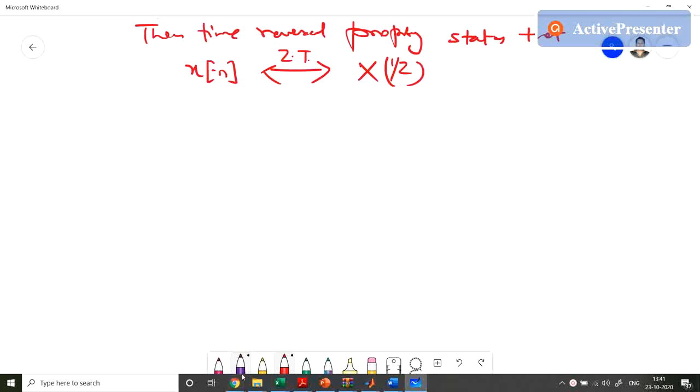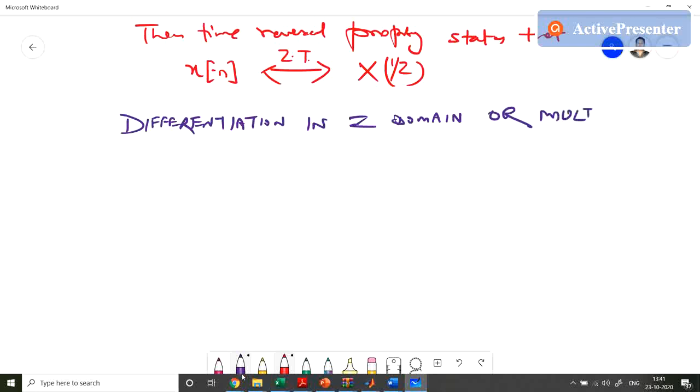The next property is differentiation in z domain, or multiplication by n property.